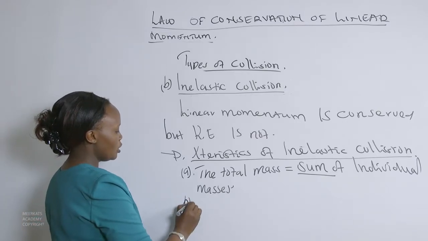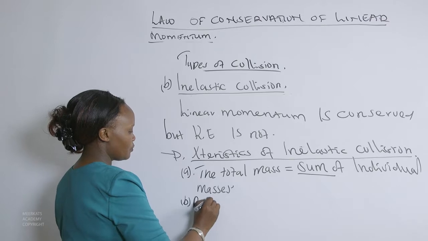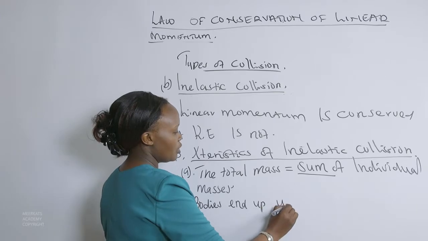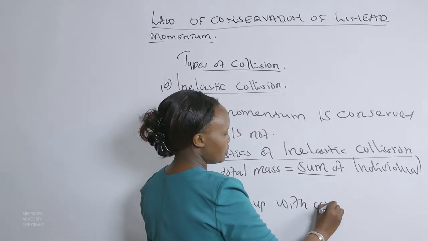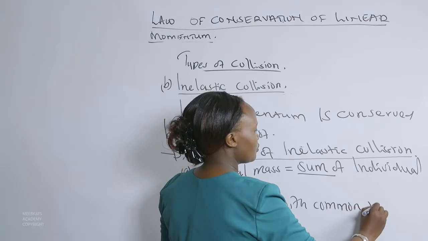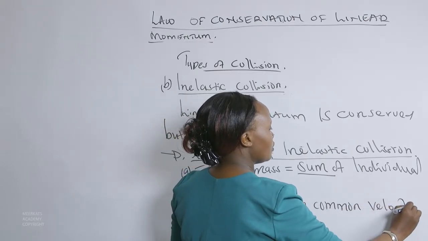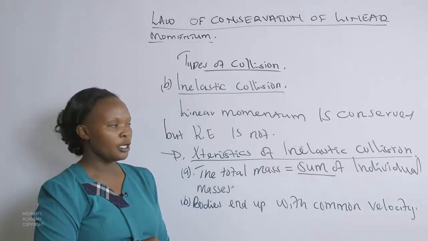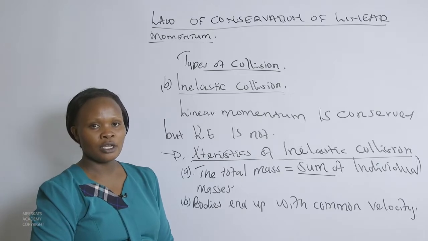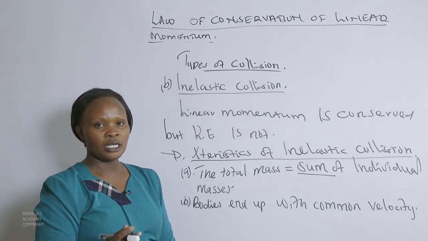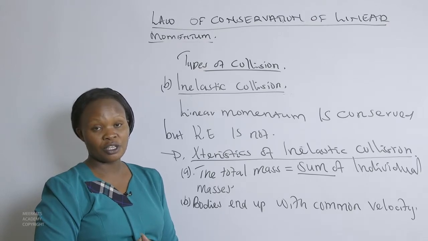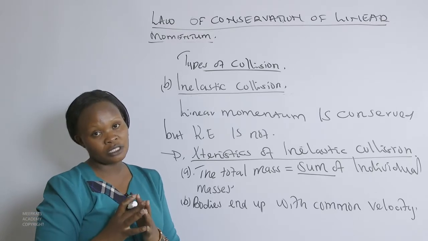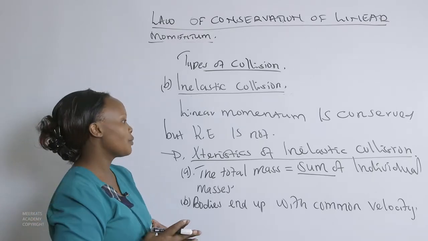Now, number 2 is that bodies end up with common velocity. They have merged to form one body which is in motion. Therefore, the velocity after collision is just going to be the velocity of the unit mass, which is actually the sum total of individual masses.